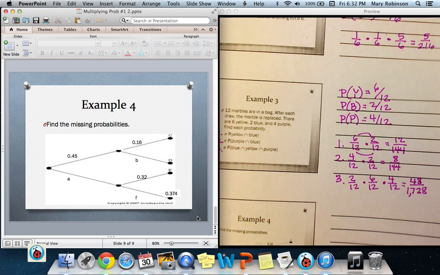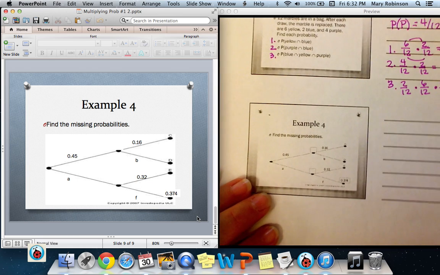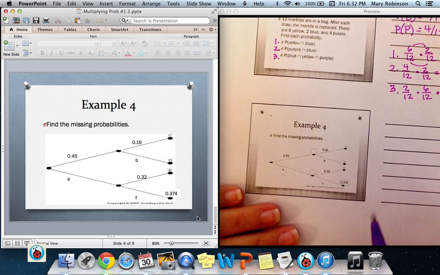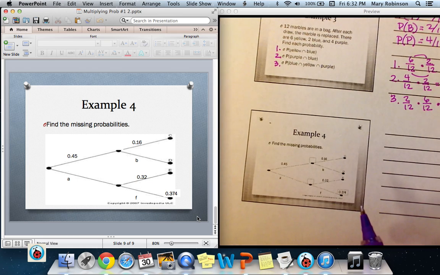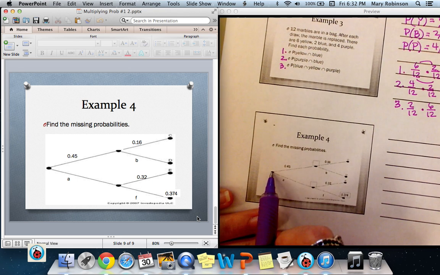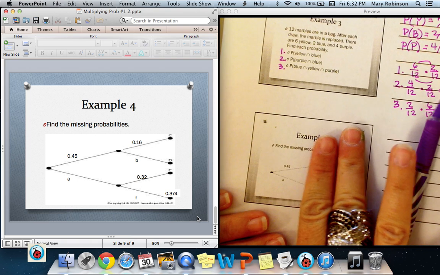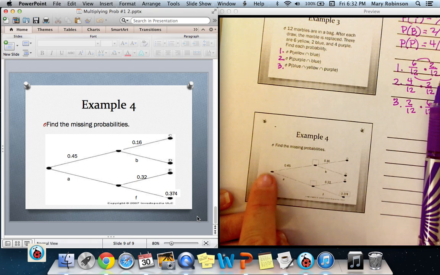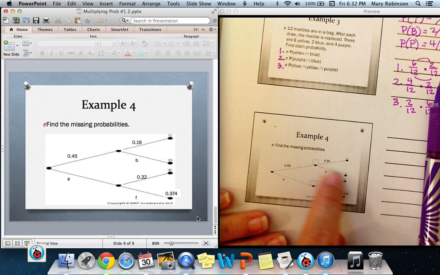Lastly, let's look at example 4, where we must now find the missing probabilities. So please remember that back on slide 6, it says the total sum of probability of a sample space is always 1 or 100%. So if you take a look at the first event, this is a compound event because we have one event happening, then another event happening.